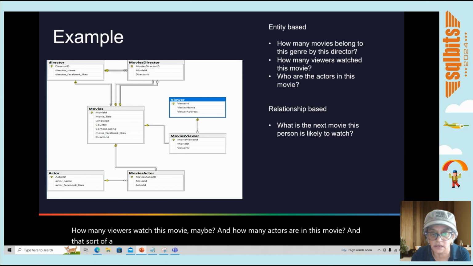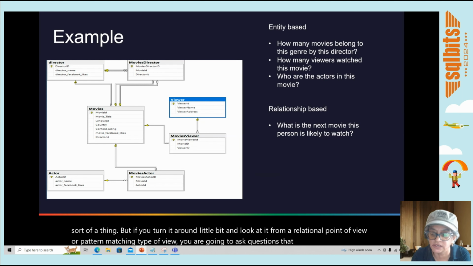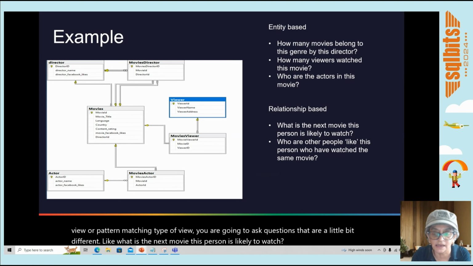But if you turn it around a little bit and look at it from a relational point of view or pattern matching type of view, you're going to ask questions that are a little bit different, like, what is the next movie this person is likely to watch? Okay, who are the other people who are like this person who watch the same movie? And so you can see a lot of recommendations come up for you on Netflix and channels like that.